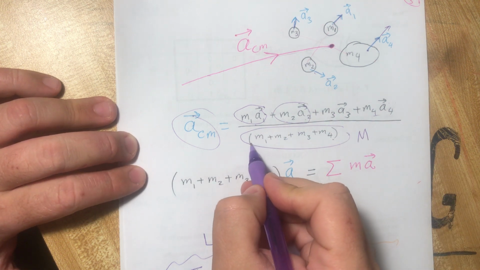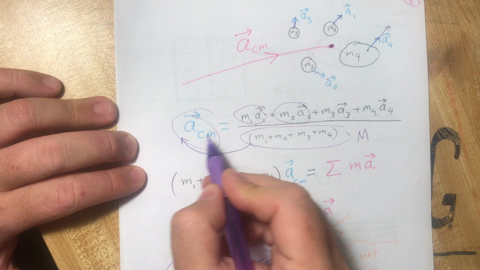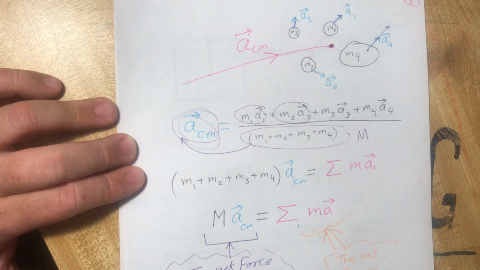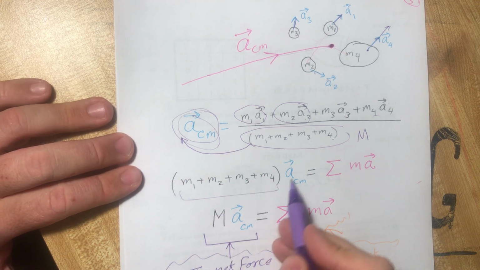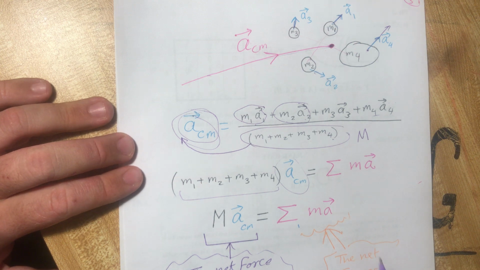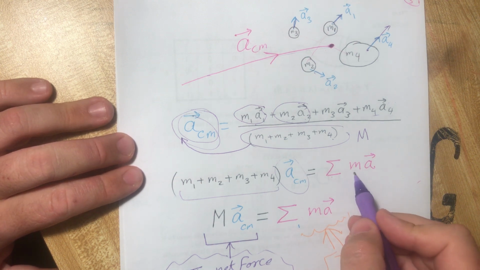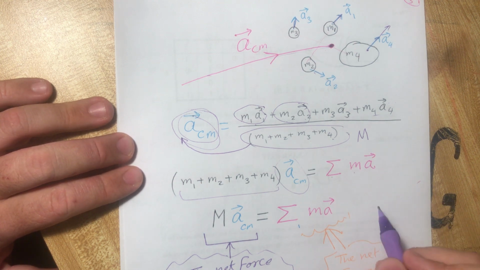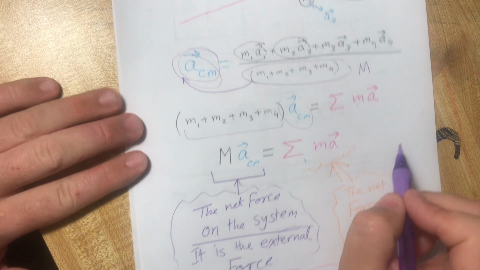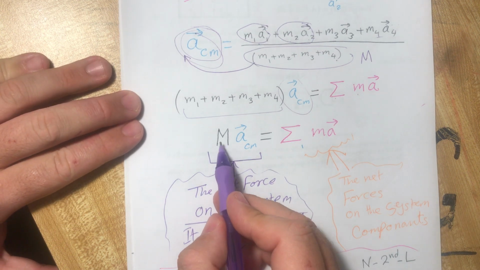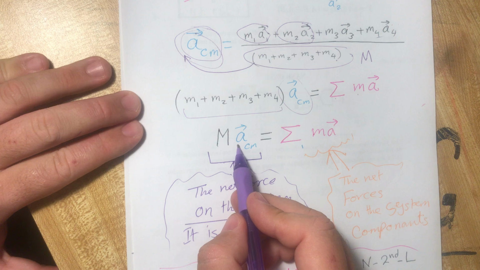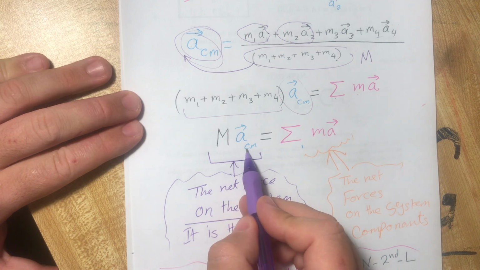What if we multiply the total mass by the total acceleration for the center of mass? The total mass multiplied by the acceleration of the center of mass is equal to the summation of all forces on each body. So this is m capital multiplied by the acceleration of the center of mass.